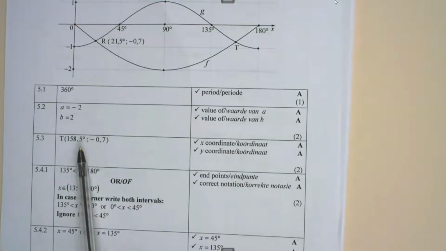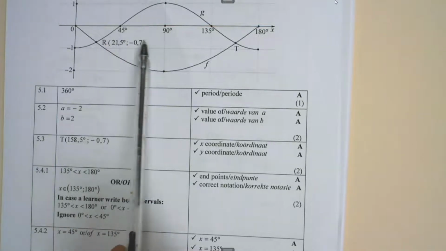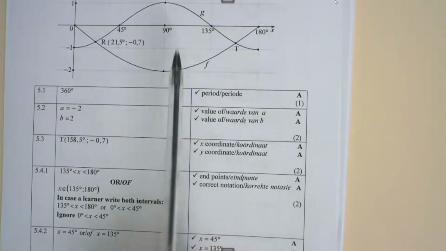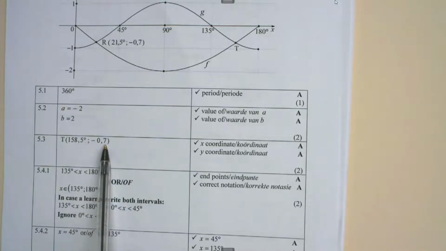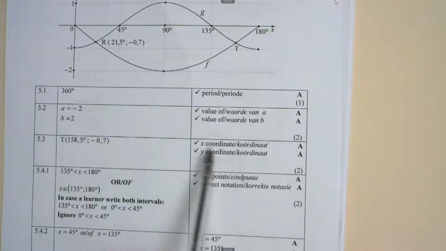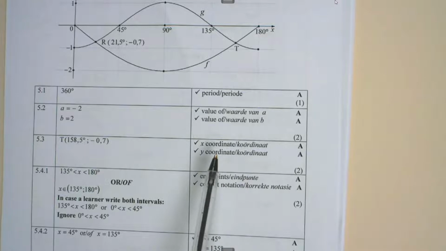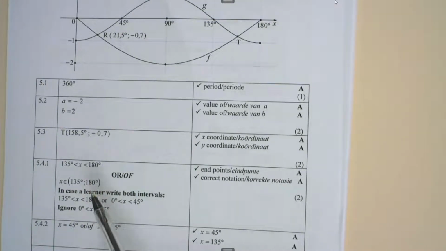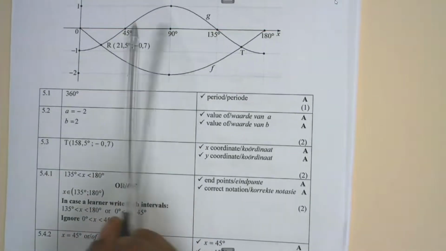And then calculating the coordinates of T, as we can see here, they also share the same y value, but for the x value, this is where they substitute into the equation to get 158,5 and negative 0,7. Both marks for x coordinate and y coordinate are also accuracy marks. If we come here, the question said, for what values of x will the graph be above or below the horizontal x-axis?